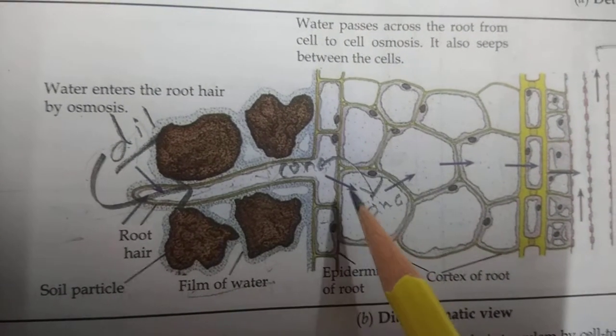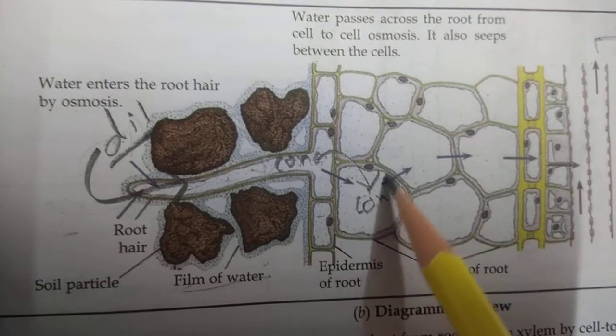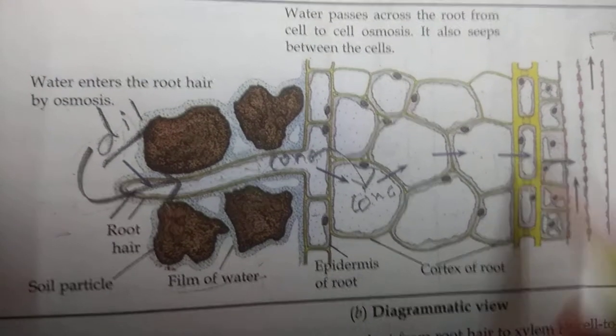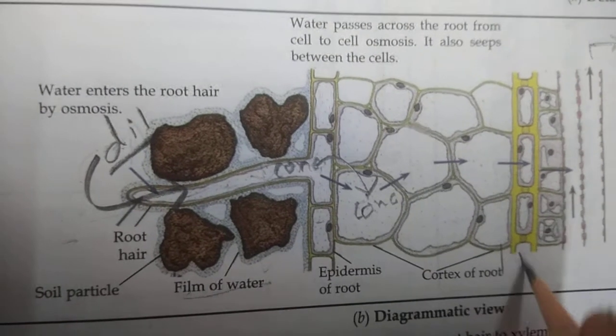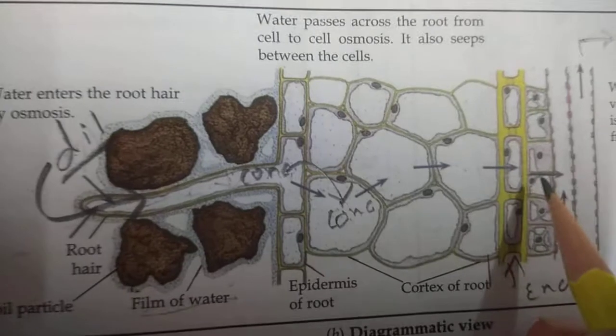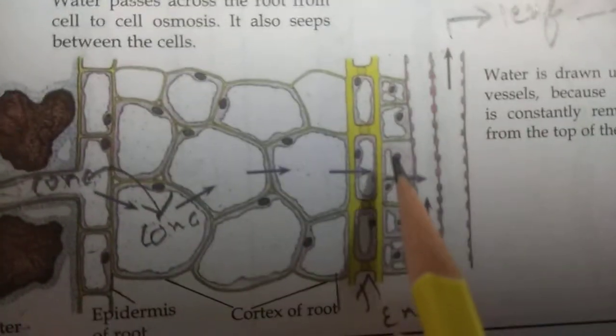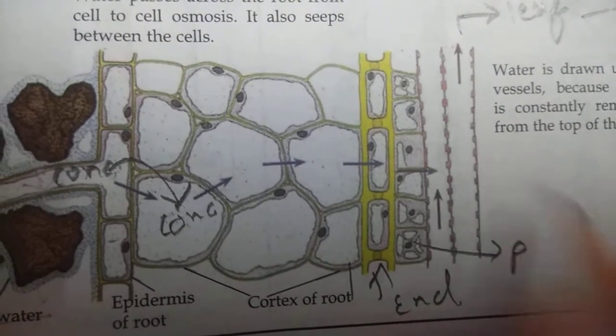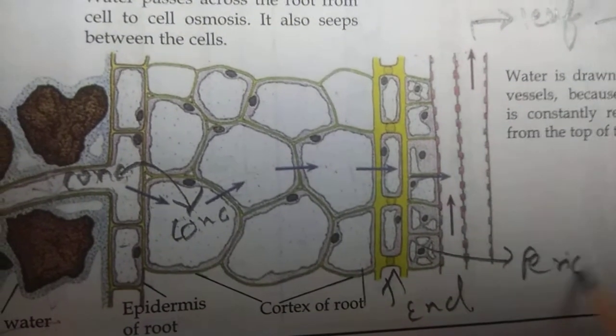In the cortex region the water will pass and go to the endodermis region. This is called the endodermis. From the endodermis they will move into the pericycle. This layer is called the pericycle.